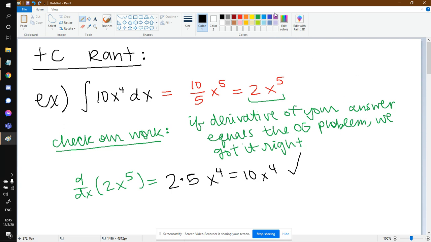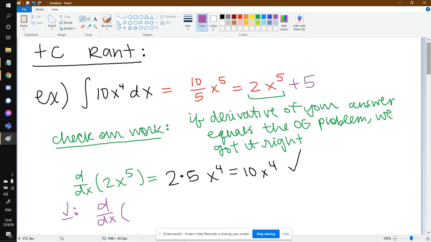Great. You might ask, Miss Johnson, what's the problem? There's no problem. But what if instead of 2x to the 5th, I said my answer was 2x to the 5th plus 5? You'd say, where did you get the plus 5 from? That can't be right. I'd say, let's check it, right? Let's take the derivative of my answer. What's the derivative of 2x to the 5th plus 5?